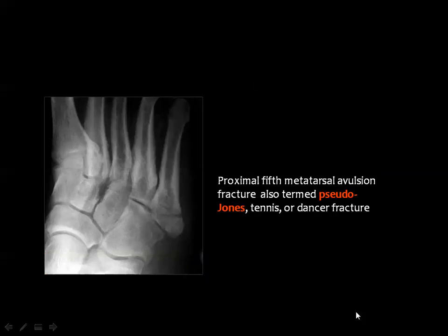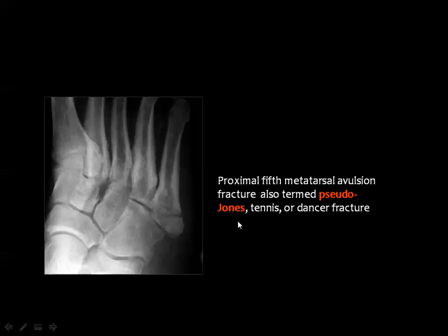Then we continue, and you see avulsion fracture of the proximal part of the fifth metatarsal bone, which may extend to involve the articular surface between the tarsal bone and the metatarsal.